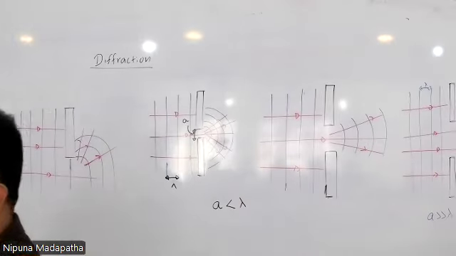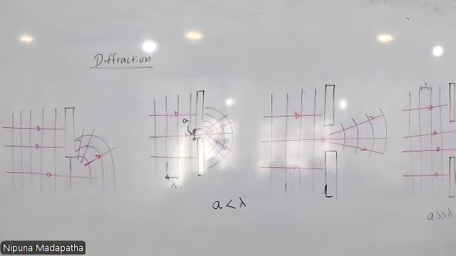Small hole, right? Aperture. The wave is spread out.